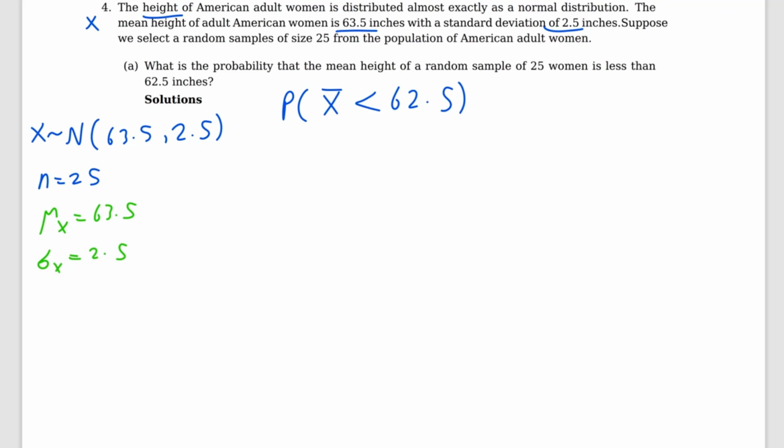Therefore, we can write x bar distribution. X bar also has normal distribution because x has normal, and mu is here.